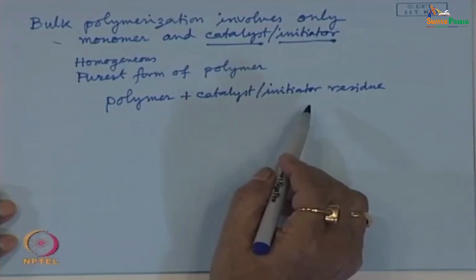In case of addition chain polymer, there may not be any initiator residue in bulk polymerization, because if all the initiator molecules decompose, that will add to the polymer chain. And if we allow sufficient time and condition, then the entire monomer can be converted to polymer.